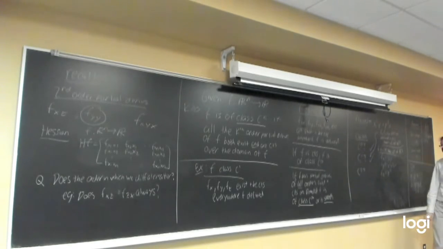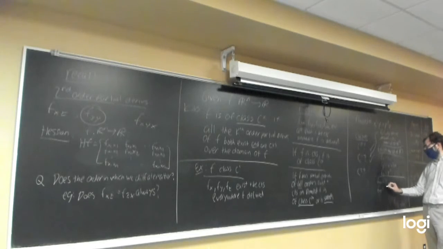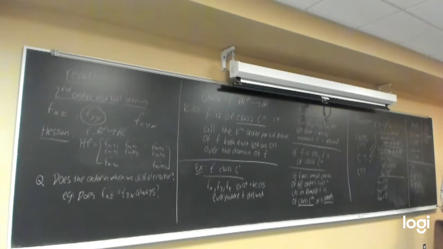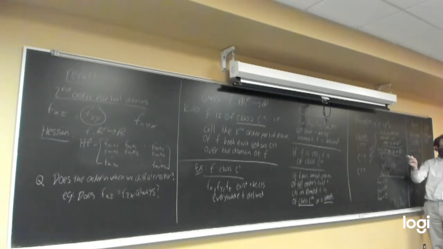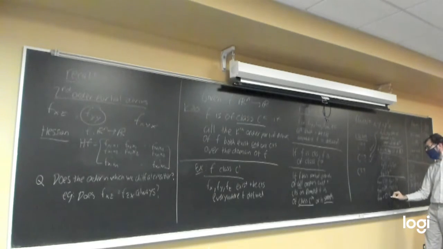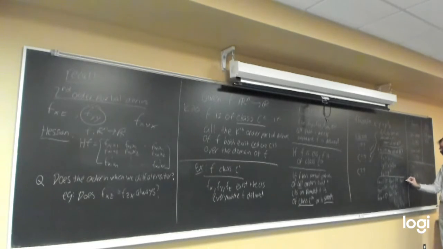How about C2? So for C2, we need the second order partial derivatives, which are going to be 2y for fxx, fxy we saw was 2x, f sub xz we said is 0, because this is a constant with respect to z. fyx is 2x, fyy is 2z, f sub yz is going to be 2y, f sub zx is 0, fzy is 2y, and fzz came out to 0.